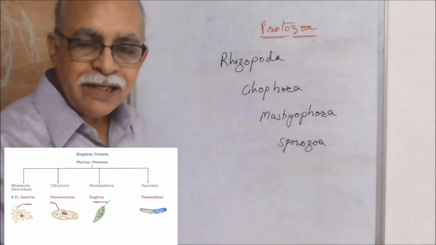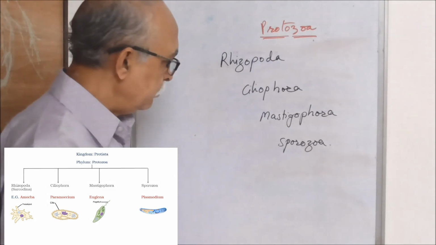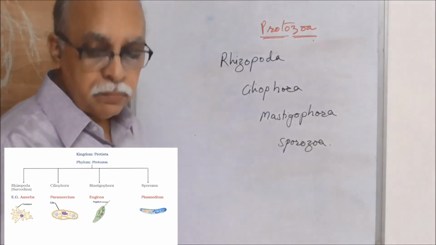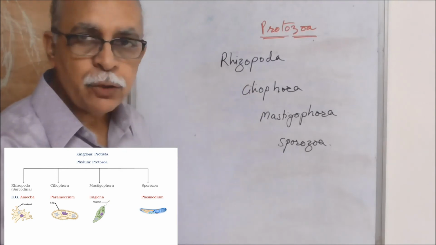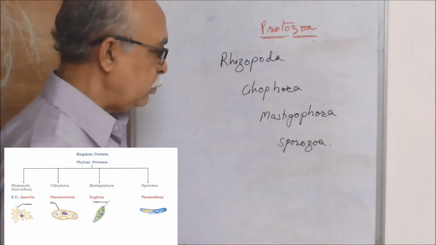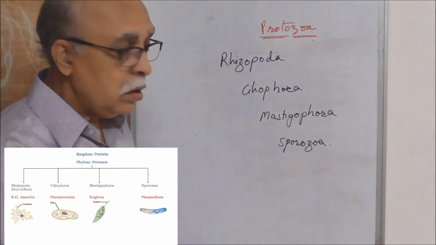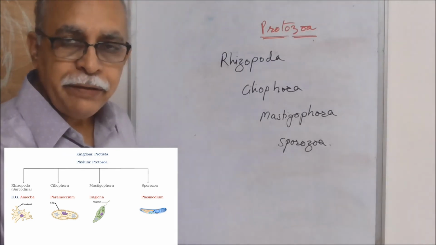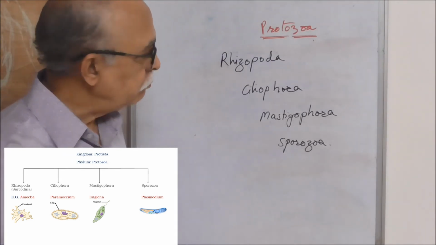All of them would be unicellular, that's applicable to all of them. Most of them are freshwater dwellers with 1 or 2 exceptions. Most of them are solitary, singular.